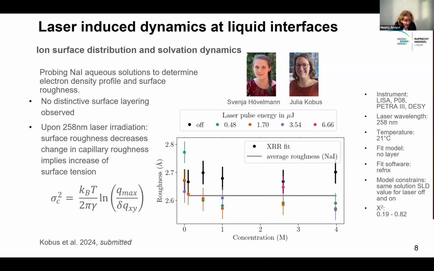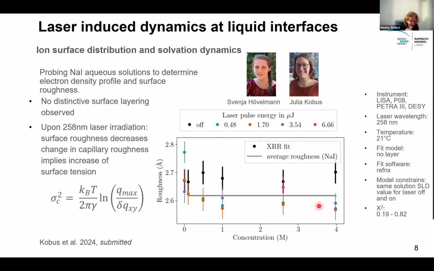But what we do see is, here you can see the laser off, these are the black dots, and when we turn on the laser, we have these colored dots, so you can associate it going from black up to pink. We're increasing the laser energy pulse. And what we see is that when we do this repeatedly, the roughness is going down.